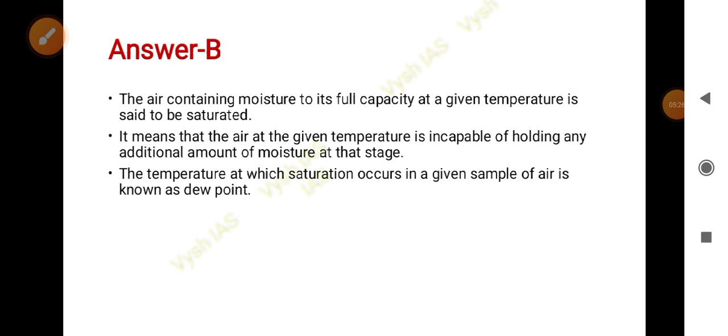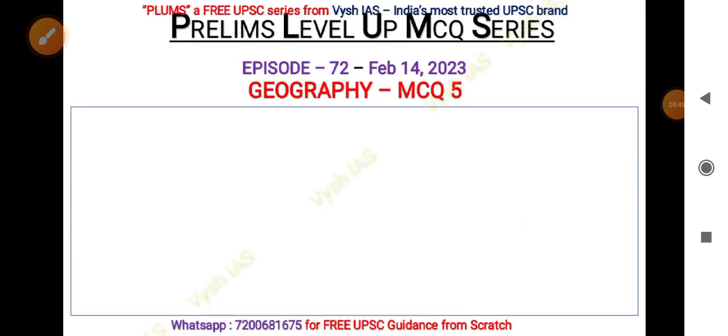At a given temperature the air is incapable of holding any additional amount of moisture. That stage is called the saturated stage, or the air is called saturated air. The temperature at which saturation occurs in a given sample of air is known as the dew point. Remember this fact as well.